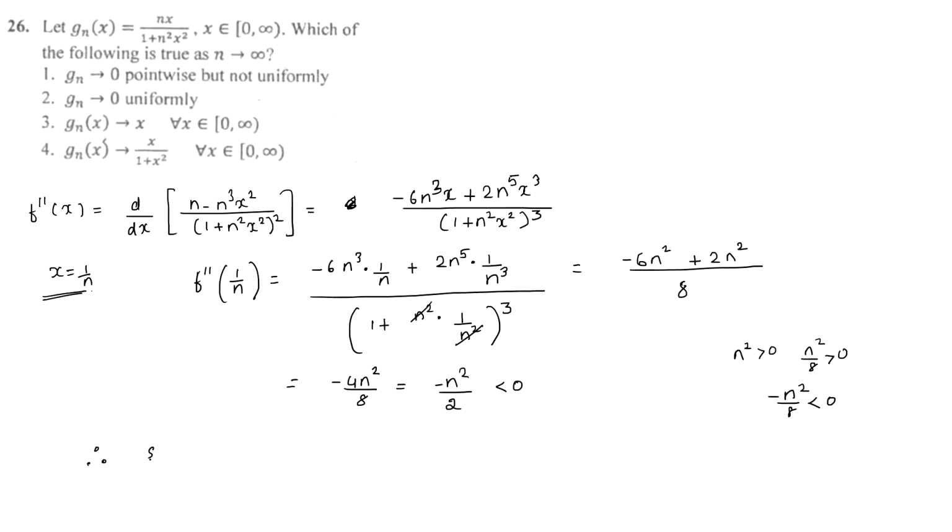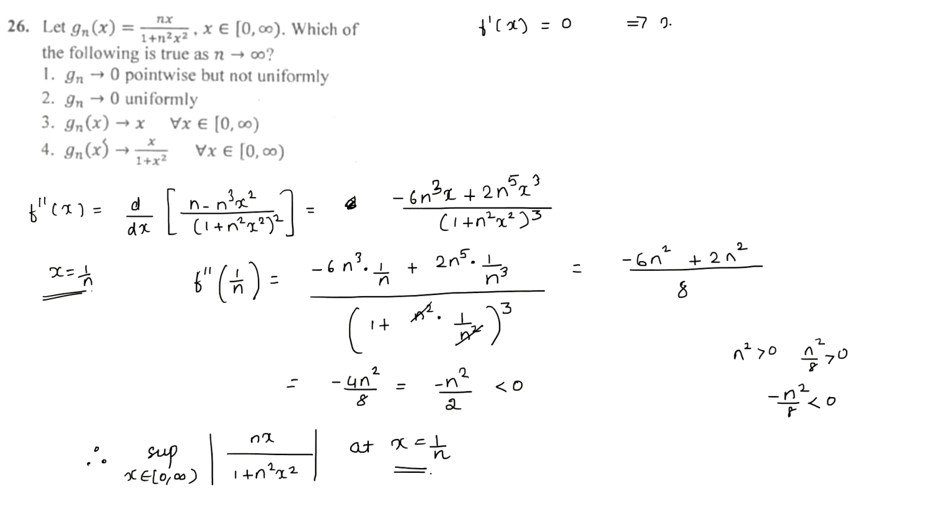Therefore we will be getting the supremum over x belongs to closed interval 0 infinity of nx by 1 plus n square x square at x equal to 1 by n. We know that at x equal to 1 by n we will be getting the supremum because we found the possible value of x by evaluating f dash of x equal to 0.